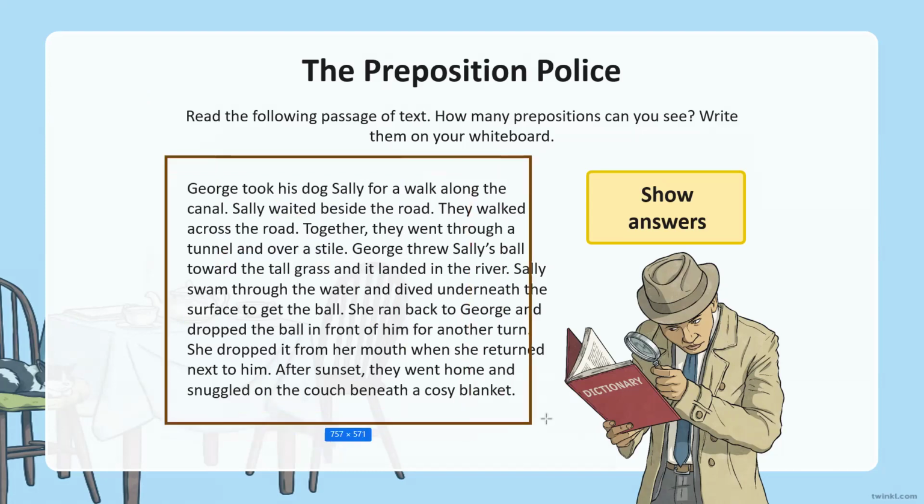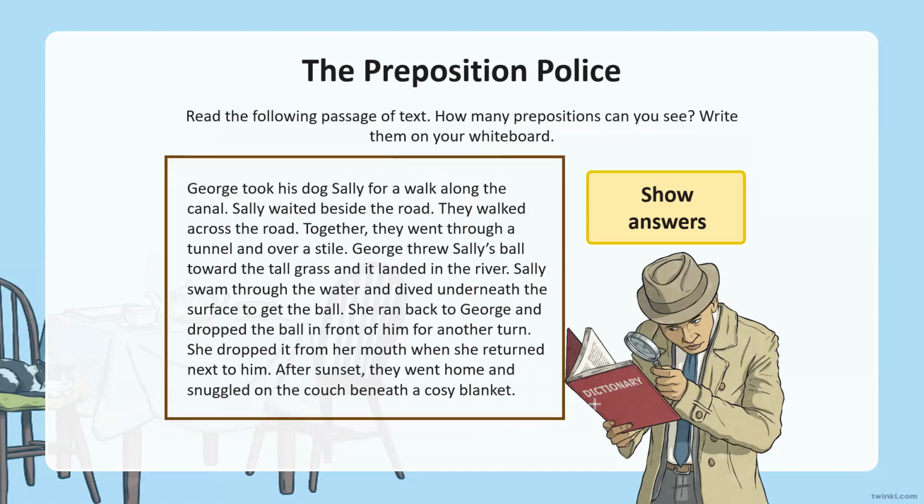Okay. Now, Dolin, I want you to look at this text again. How many prepositions are here? I want you to circle or underline each of the prepositions. For example, I can see one, along. What else?